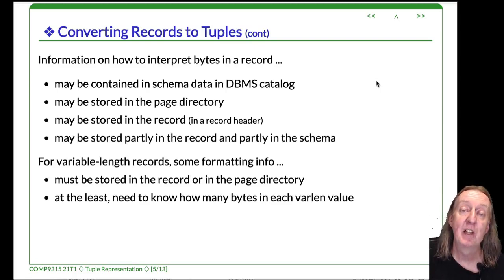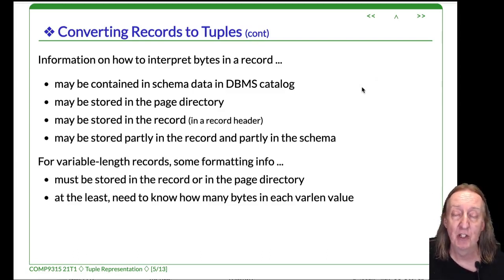That tells us how large the attribute is, and that's pretty much all we need. Once we've got the size, we can work out which part of the byte sequence corresponds to which attribute. So we don't actually need to store anything in the record. So the record is pure tuple data.